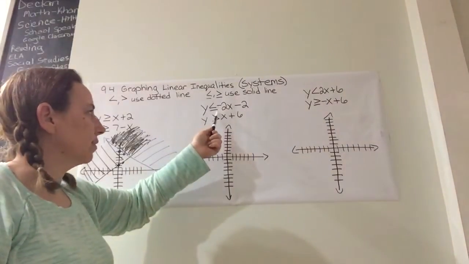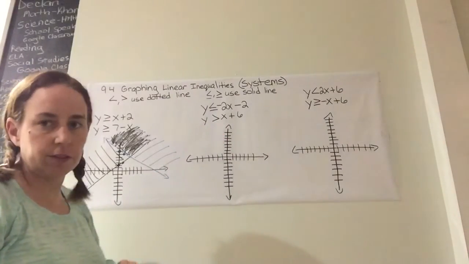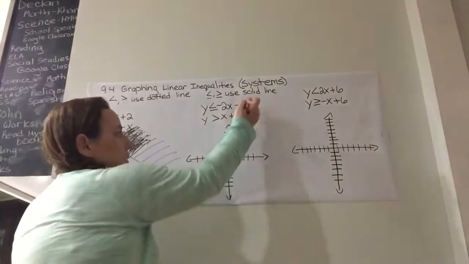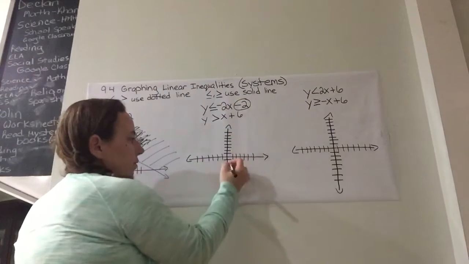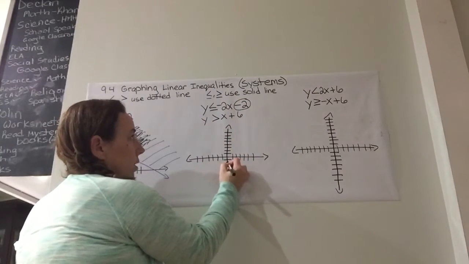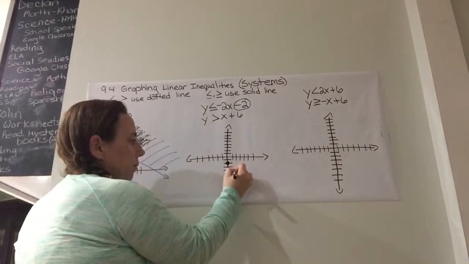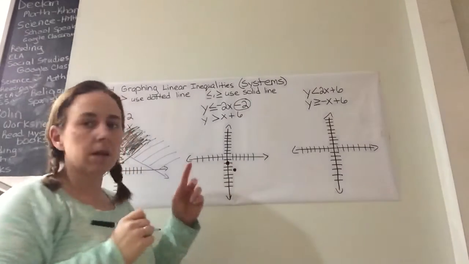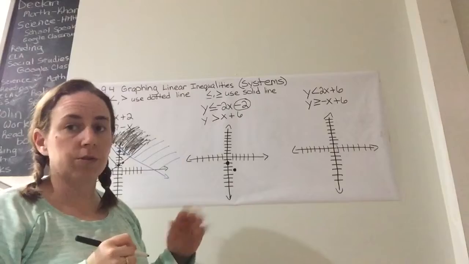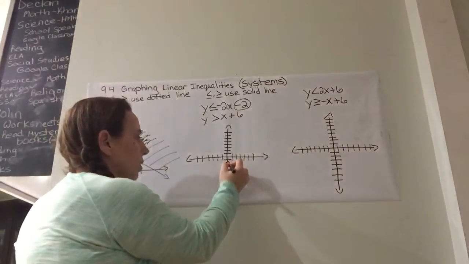So y is less than or equal to -2x minus 2. Again, start off at -2. And then I'm going to go down 2 to the right 1. And I'm going to use a solid line because it's the or equals.